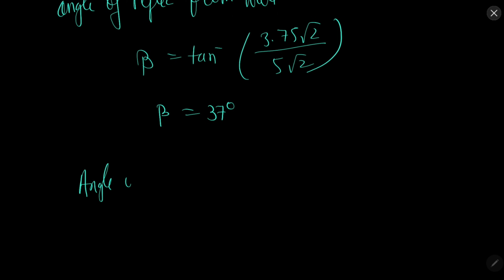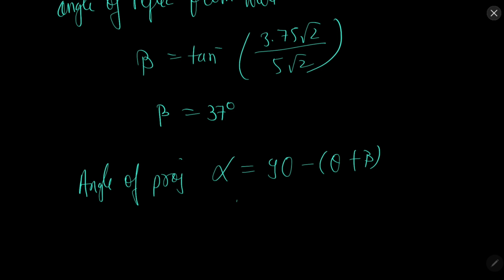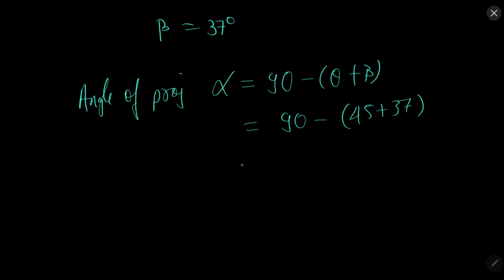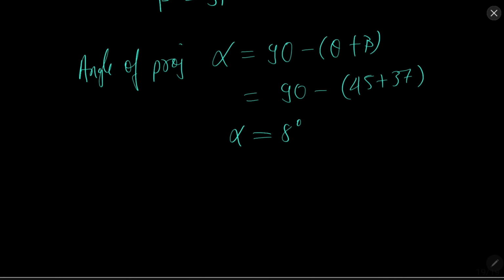Angle of projection is alpha, which is 90 minus theta plus beta, which will give you 90 minus 45 plus 37. So alpha is 8 degrees.